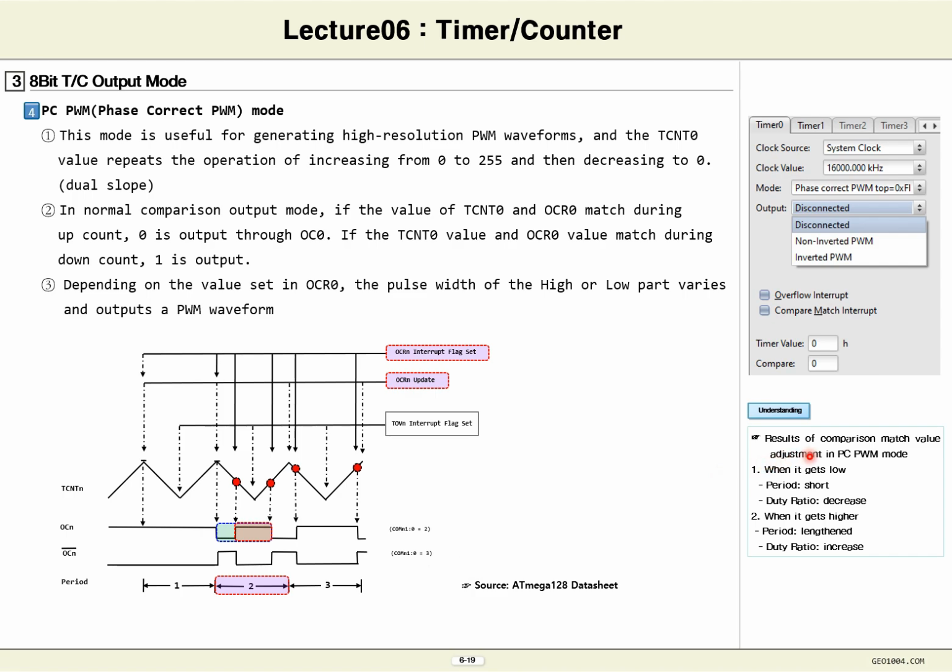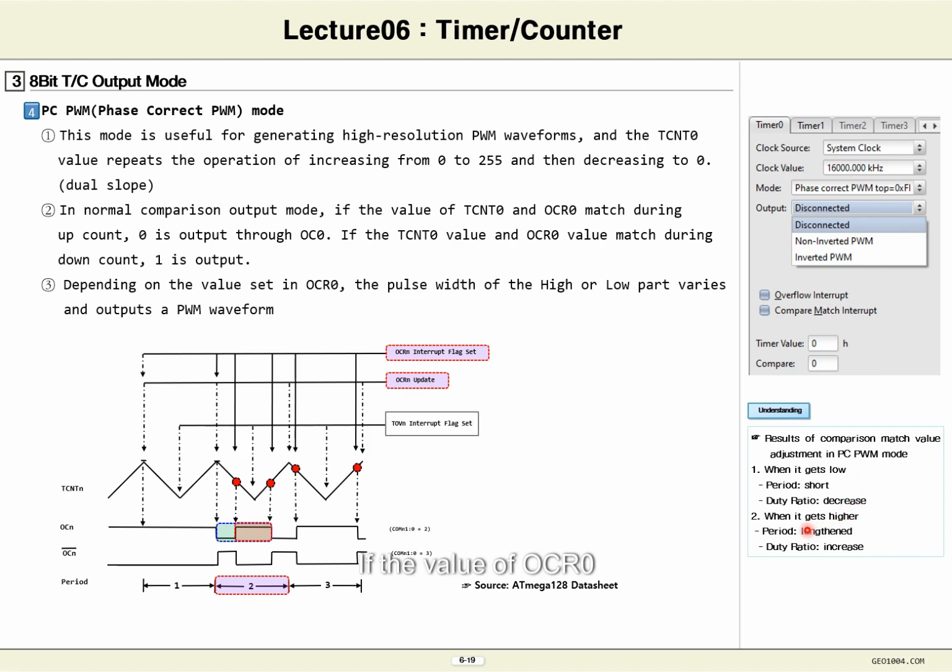So what results can we get from PC PWM mode? Adjusting the compare match value: if the compare match value is lowered, the period becomes shorter and the duty ratio decreases.